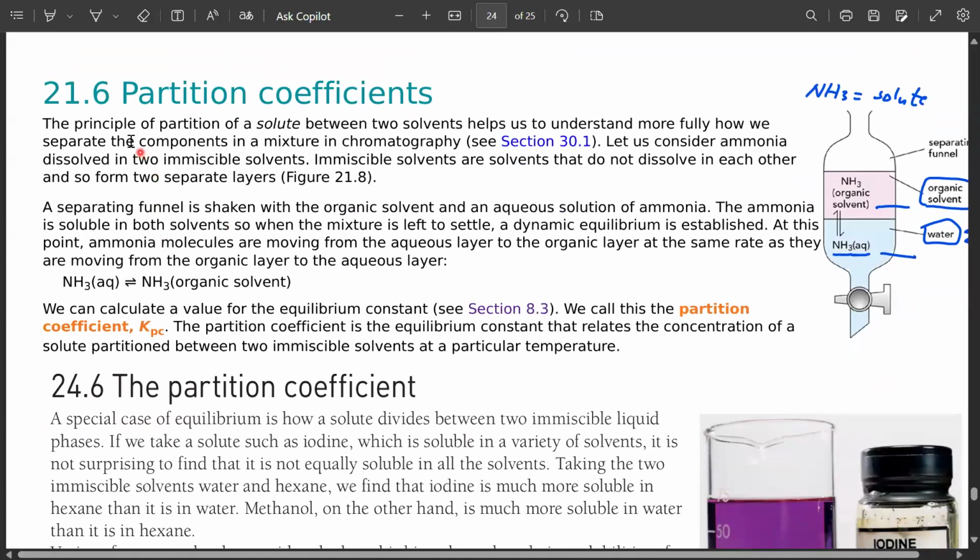Now from the other source book, partition coefficient. As I explained, ammonia is taken as the solute here, and this ammonia is being dissolved between the two solvents. One is the organic solvent, the other is water.